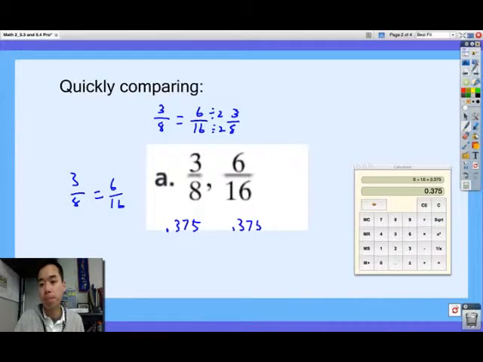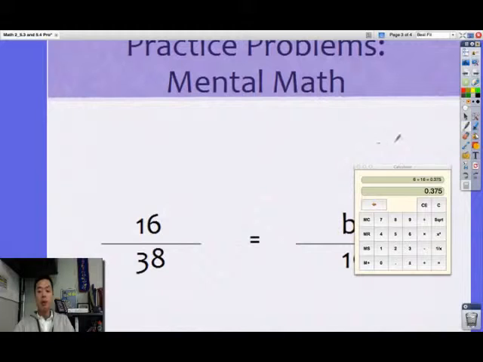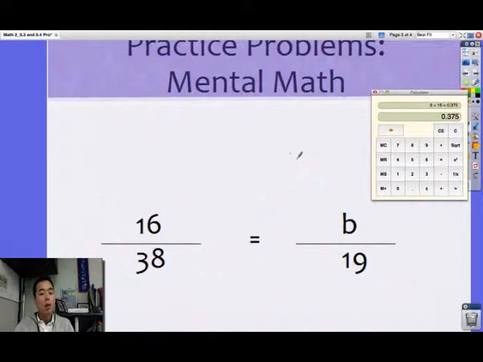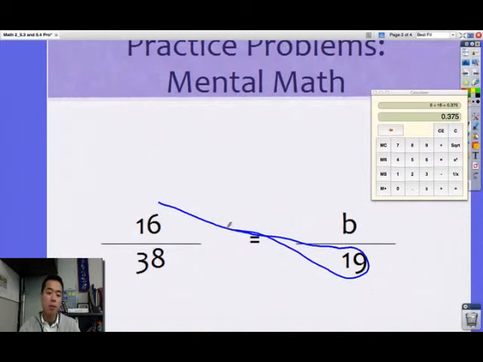Okay, so now we're going to find, given a proportion, the missing numerator or denominator. Here, you can do some mental math, or a lot of teachers like to show you the trick. Now, this is not a mathematical property. We'll go over more in class, but you might have heard of the cross product. So all I'm going to do is cross multiply.